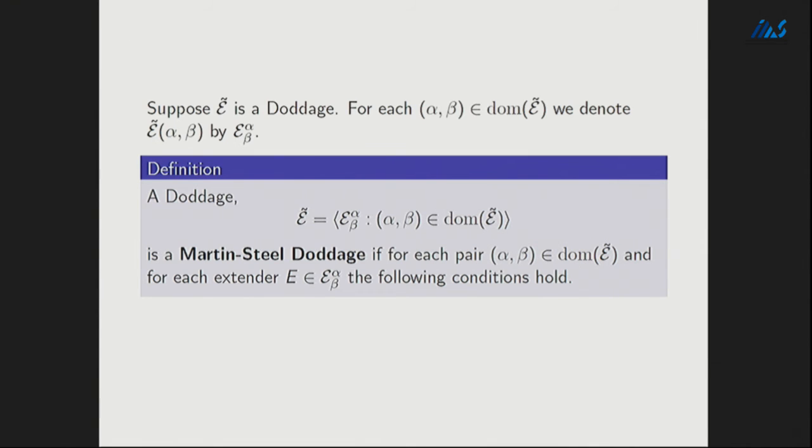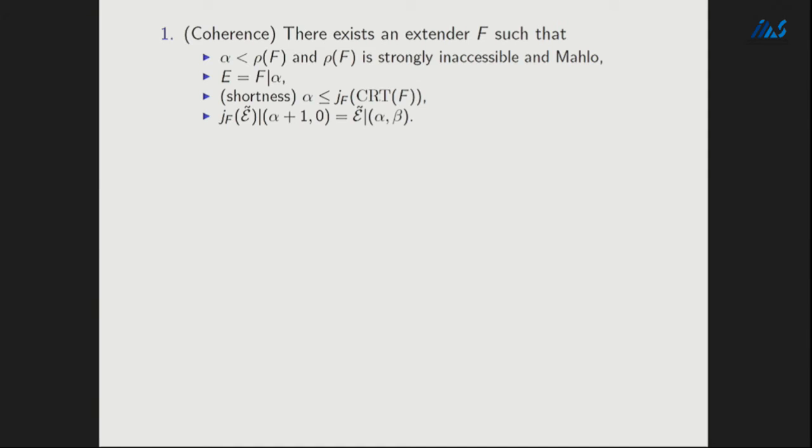Okay, so again, if we have an alpha beta in the domain of the dottage, we'll let E upper alpha sub beta be the corresponding element of the dottage. That's a set of extenders of length alpha. And then we have a Martin-Steel dottage. It's exactly the same. Okay, so if you take anything in E alpha beta, we have coherence.